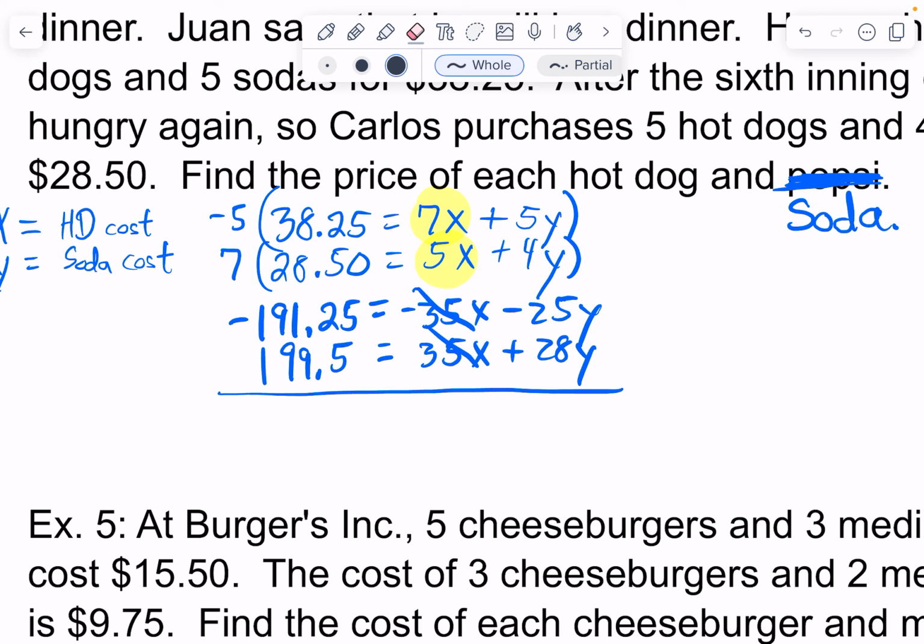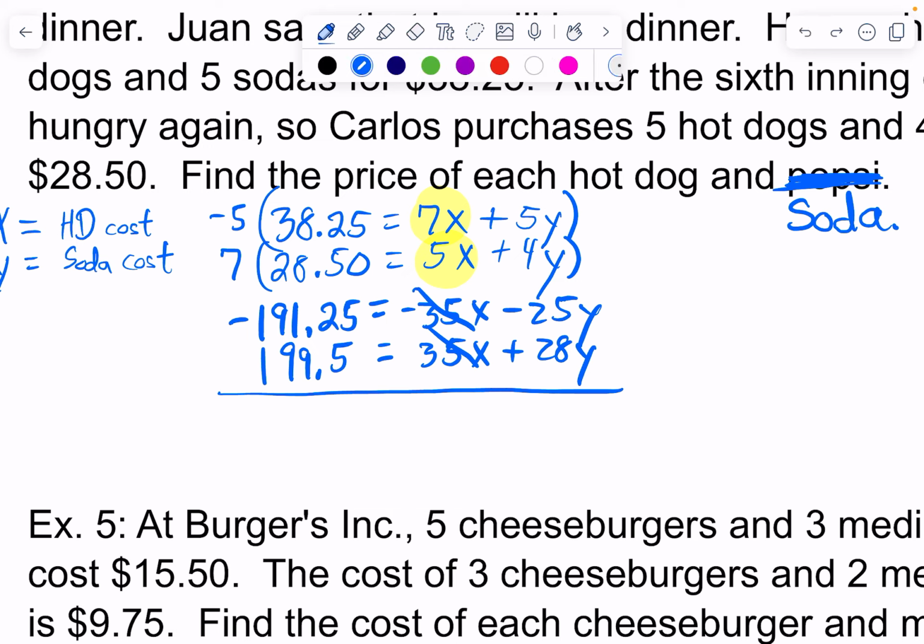Made a little error here. It's not 390. 199.5 minus 191.25 equals 8.25. I'm actually glad that I made this mistake, to be honest with you, because we all make mistakes.